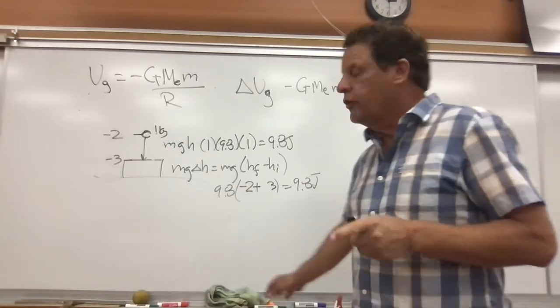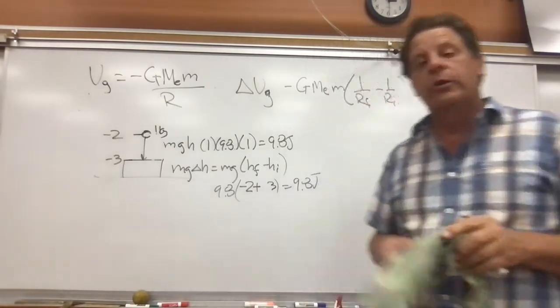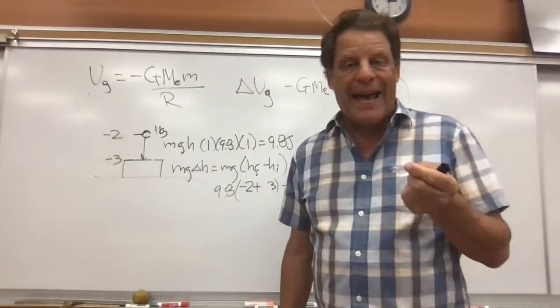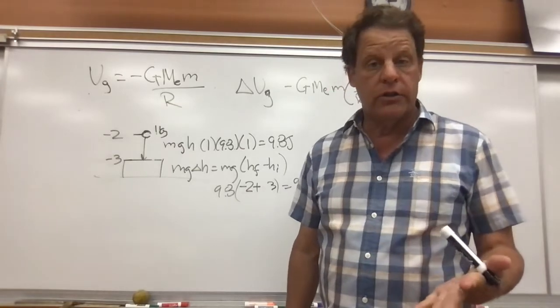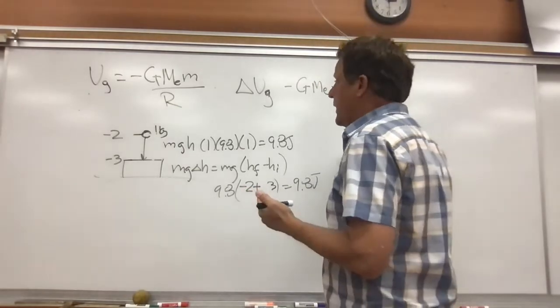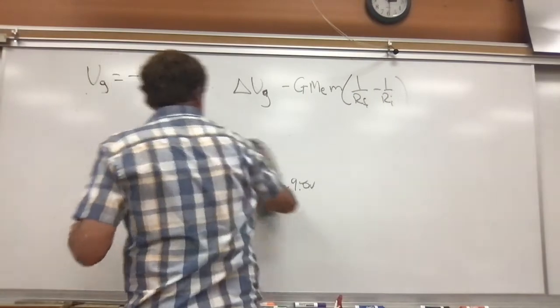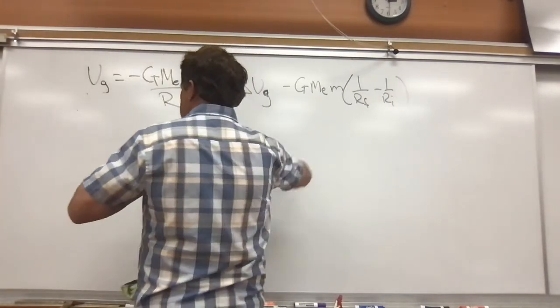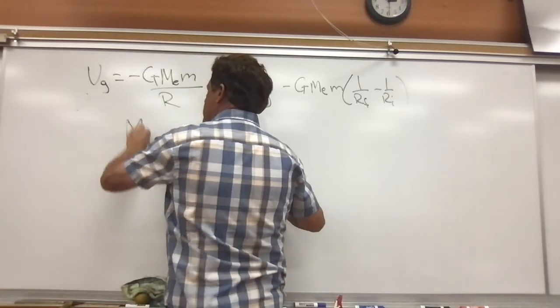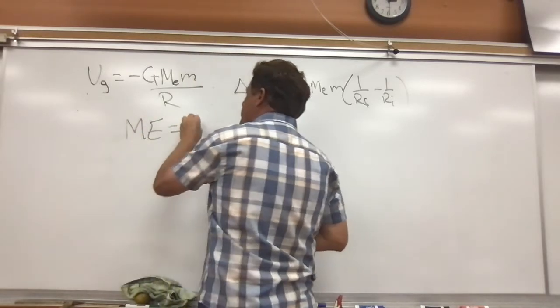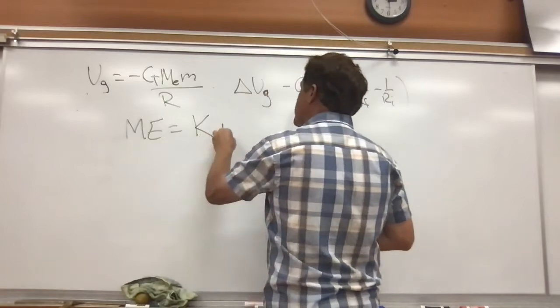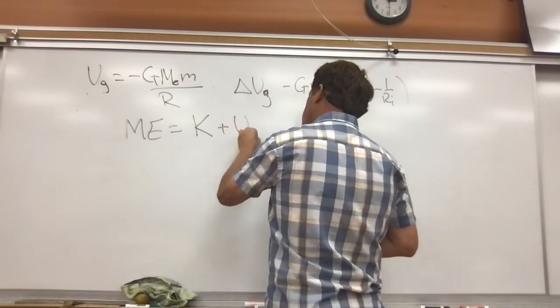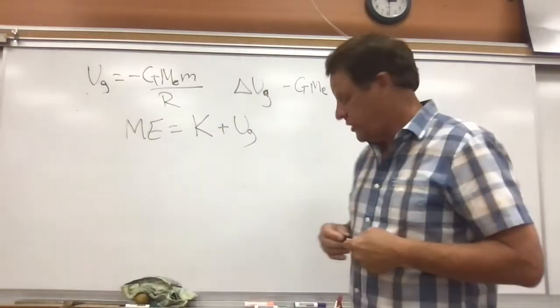All right, so now what we would like to do is add in kinetic energy. So let's talk about mechanical energy. And we know mechanical energy is equal to kinetic energy plus gravitational potential energy.